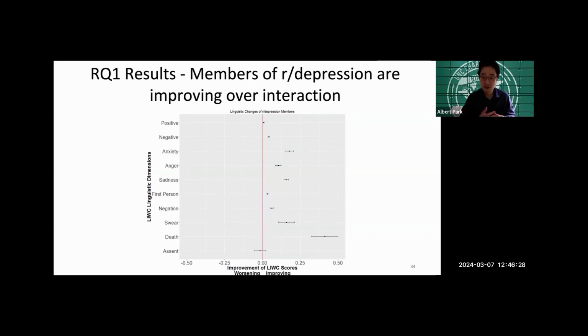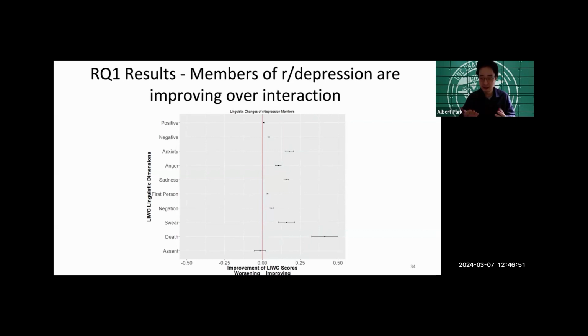I should also mention that improvement in death, sadness, or negation, any of the negative fields, means they're using fewer words that are associated with death, sadness, or negative emotions. So members of depression communities are improving over each interaction.